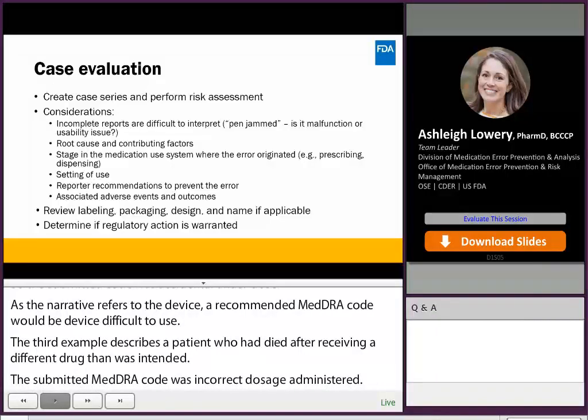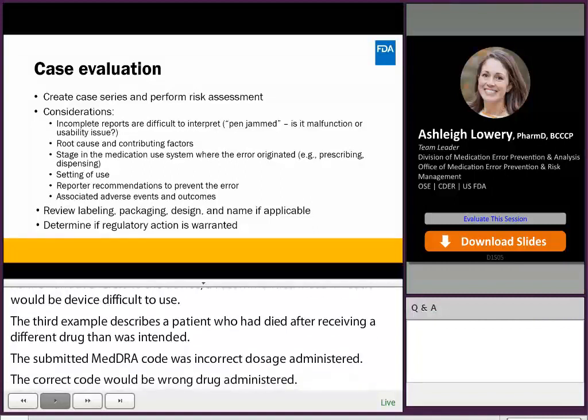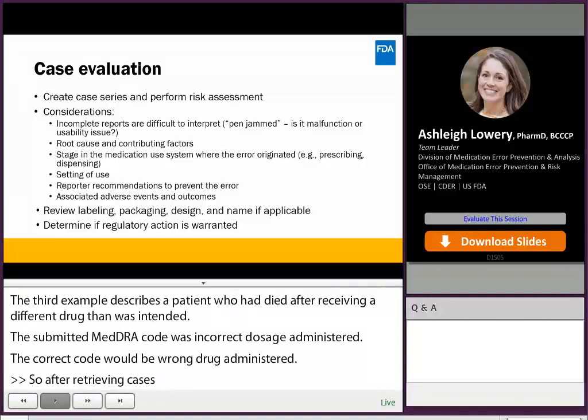So after retrieving cases, it's important to assess for details and determine if action is warranted. So during evaluation of cases, we'll have created a case series and perform a risk assessment. Some things that we'll take into consideration during this evaluation is, one, the challenge that incomplete reports can be difficult to interpret.